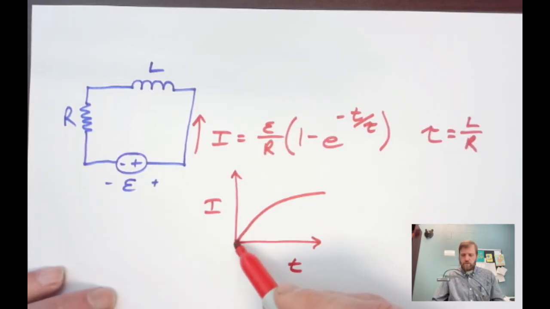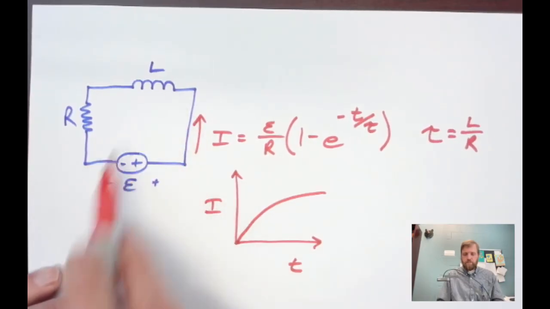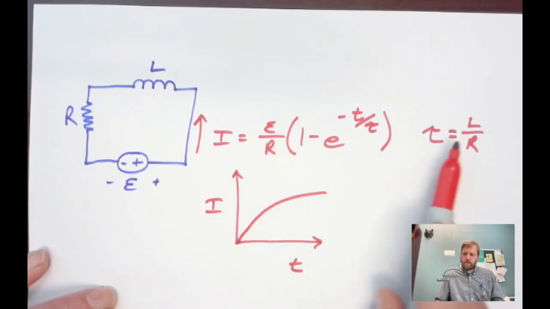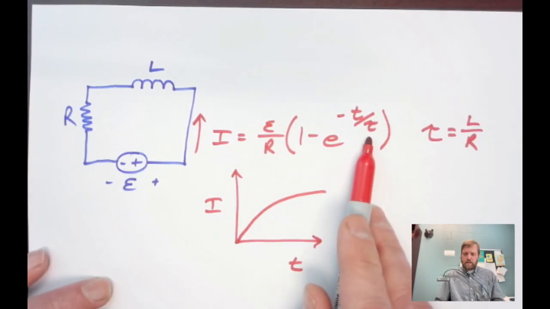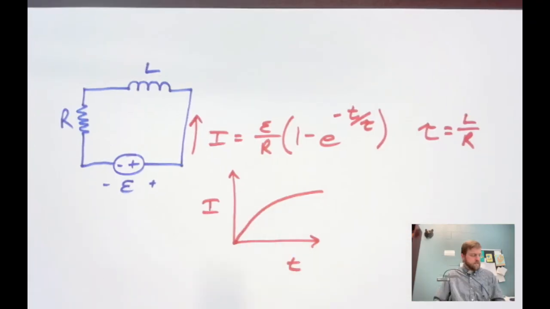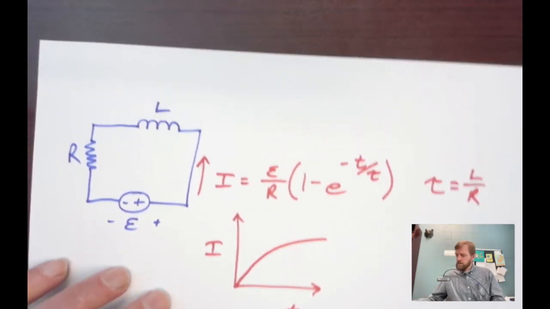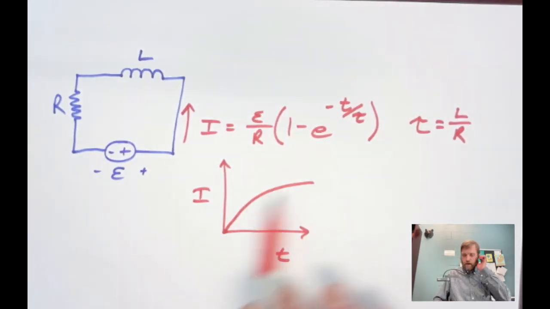The initial slope here is the maximum current change based on the voltage. Okay, so again, it's the same time constant, though. The time constant is what governs how fast this happens.